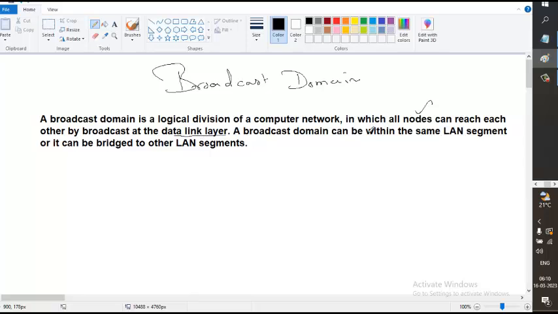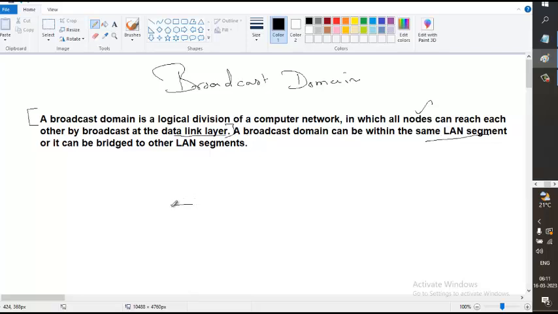The broadcast domain can be within the same LAN segment or it can be bridged to the other LAN. Forget about this right now. Let us focus on this one first. A broadcast domain is a logical division of a computer network in which all nodes can reach each other by broadcast at layer 2.